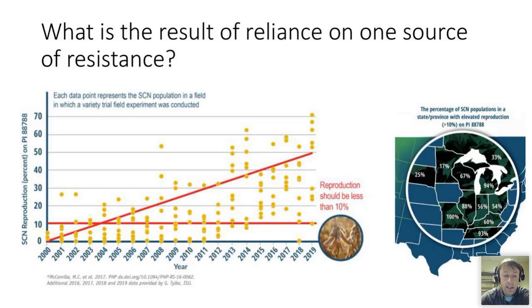And what we're seeing is that over time, the nematode populations have shifted and are now, while PI 88788 is still effective at controlling the nematode, that efficacy is becoming less and less. So we're starting to get really concerned about this, and we're recommending growers rotate their resistant sources whenever possible.